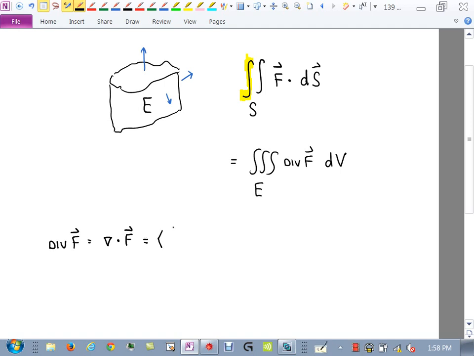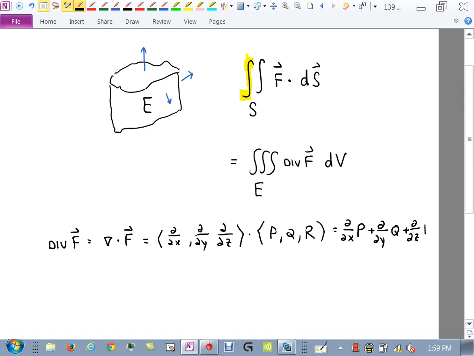So I'm basically doing partial with respect to x, partial with respect to y, partial with respect to z, dotted with F. But what's F? We'll call F = <P, Q, R> again. So the div was just the partial with respect to x of P, plus partial with respect to y of Q, plus partial with respect to z of R.